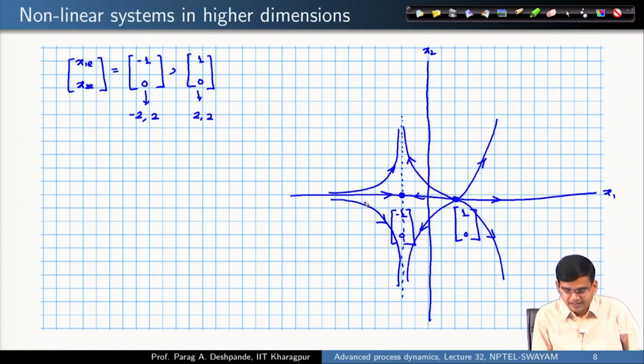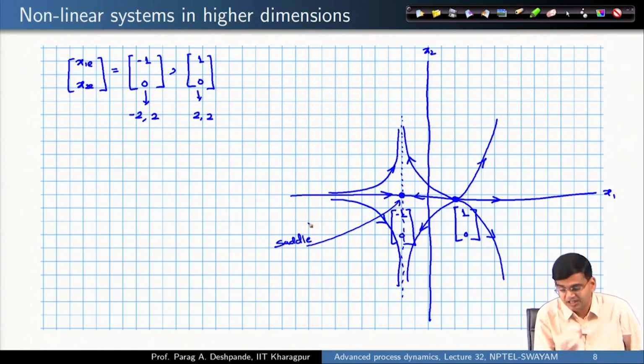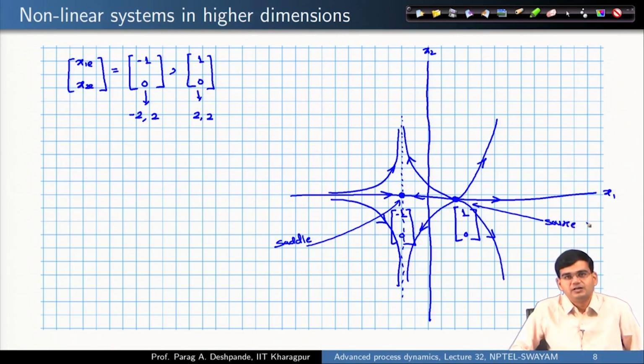Okay. And again, you will see here that this is a saddle, all the arrows conform to a saddle behavior, and this is a source, all the arrows conform to the source behavior.